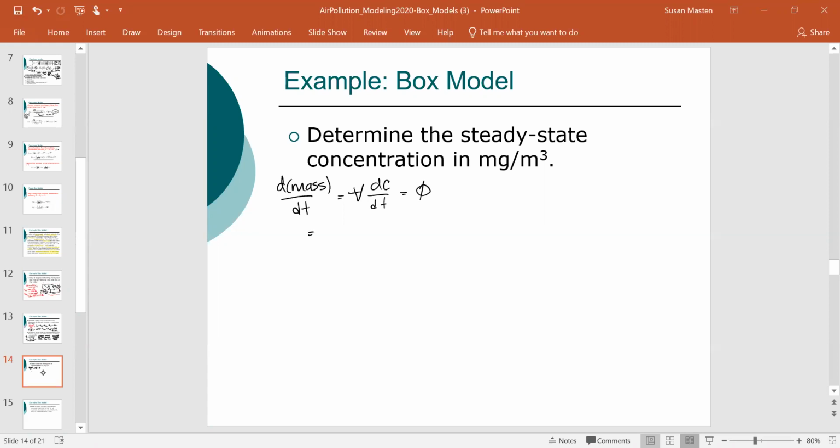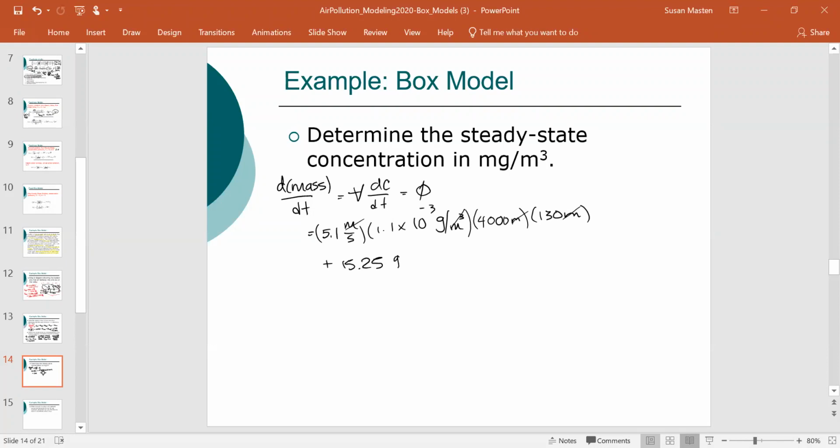So that is equal to 5.1 meters per second, so our wind speed, times the concentration, and I'm going to put everything in grams. Remember, this was in milligrams, so I've just converted it to grams per cubic meter. I need to convert all of my distances to meters. So now meters cubed, I've got meters, meters, meters, and meters cubed that cancel, and I have units of grams per second for source.